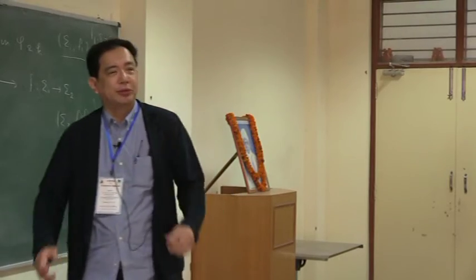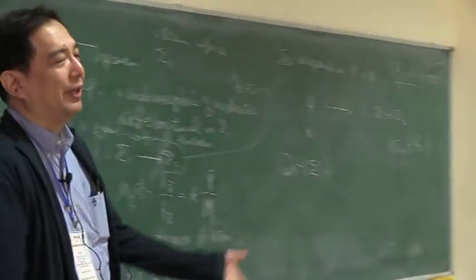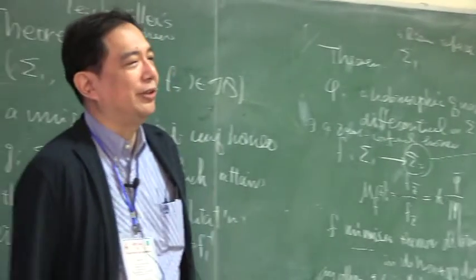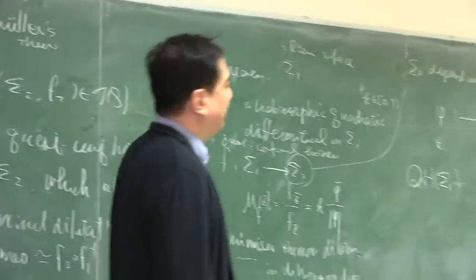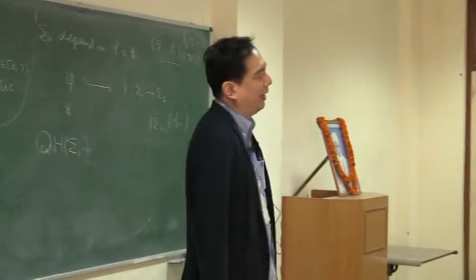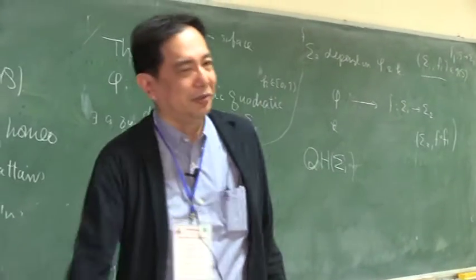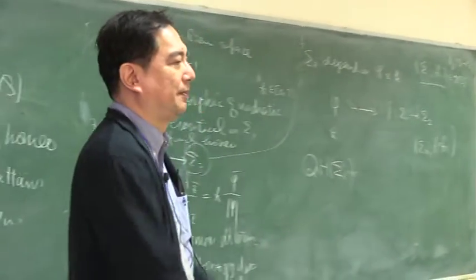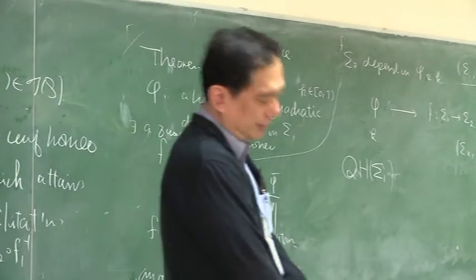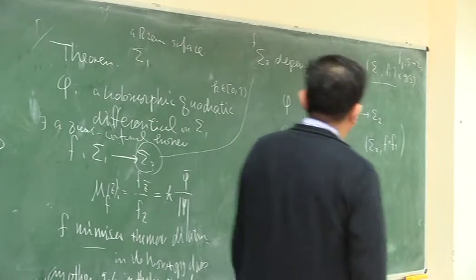If you add two holomorphic quadratic differentials, you get another one, and if you multiply by a scalar, you get another holomorphic quadratic differential. And it has a norm.